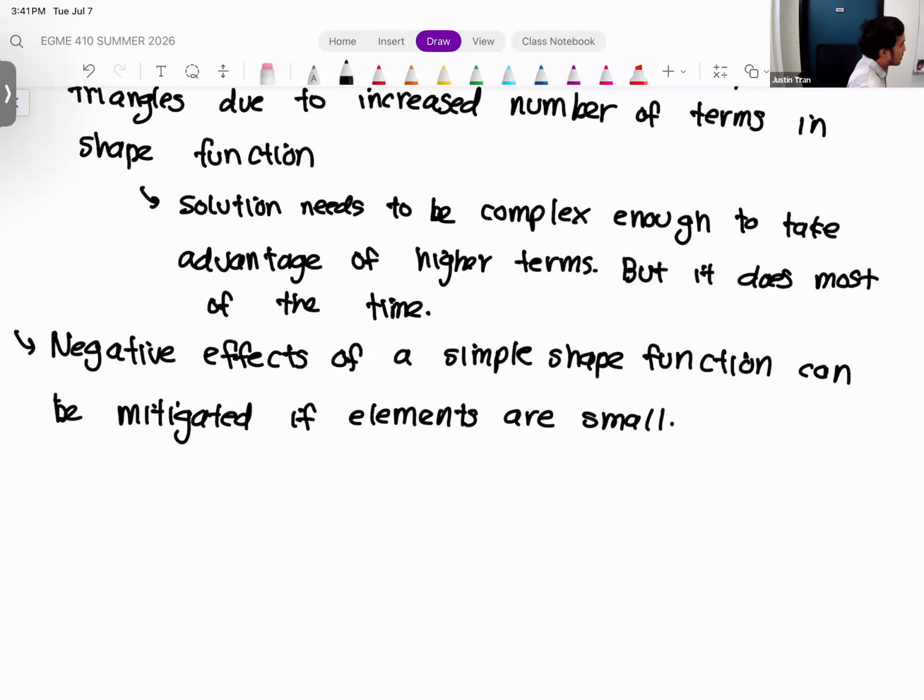One thing you'll learn about using finite elements is that most problems can be solved by just refining the mesh, granted that you have enough computing power to actually do that.